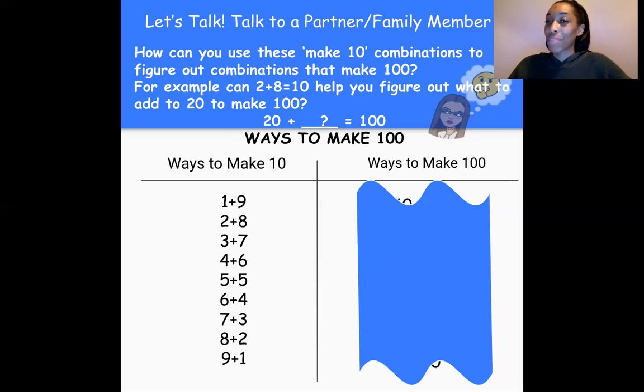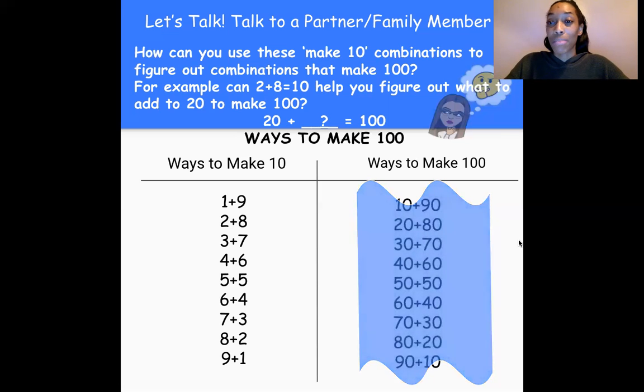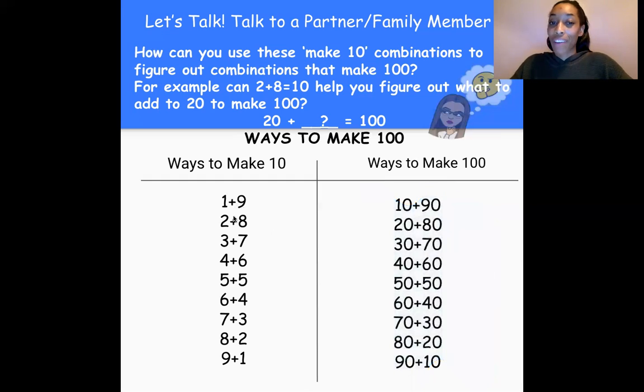I'm sure you said something like that. You could kiss your brain right now, right? These are what we're going to use to help us make 100. Do you see the pattern? Good job. So this is what can help us when we're looking for a missing addend, trying to get a number that equals 100 or something close to 100.